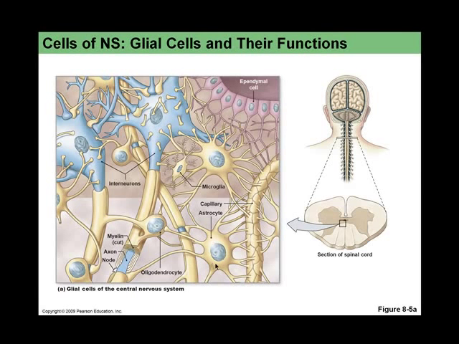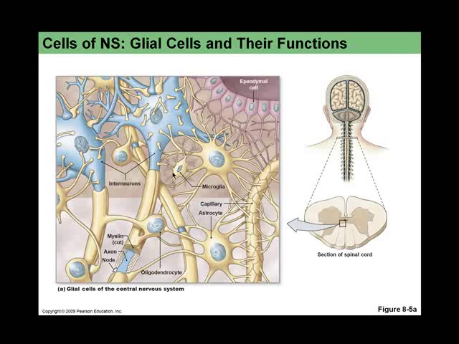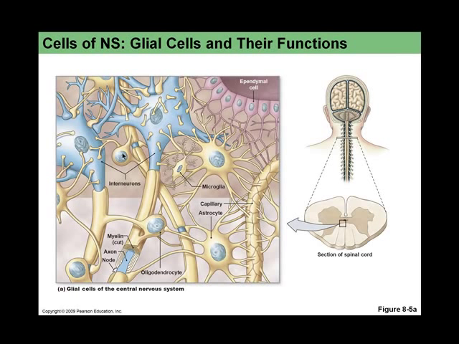So these become what look like fibrous types of cells, so they're called fibrous astrocytes. But astrocytes are in both the gray and the white matter. Microglia are going to be pretty much everywhere. They're just showing it here in the gray matter. And then we see the oligos.